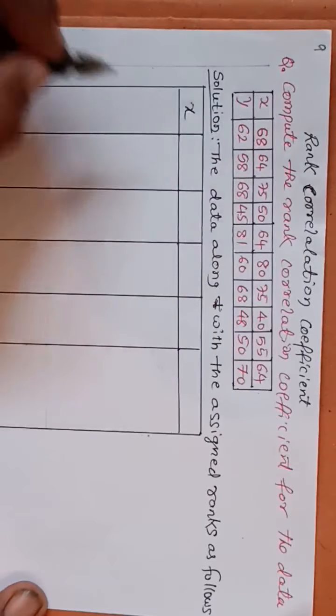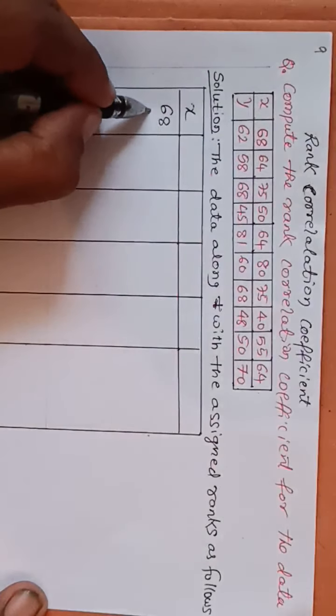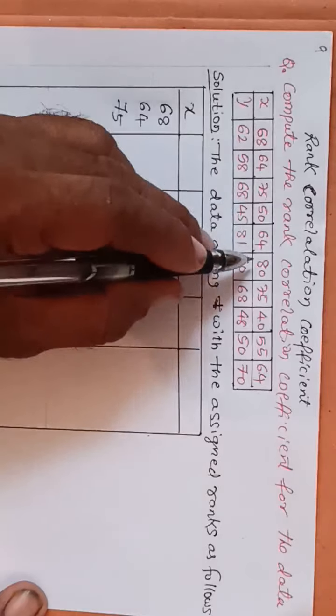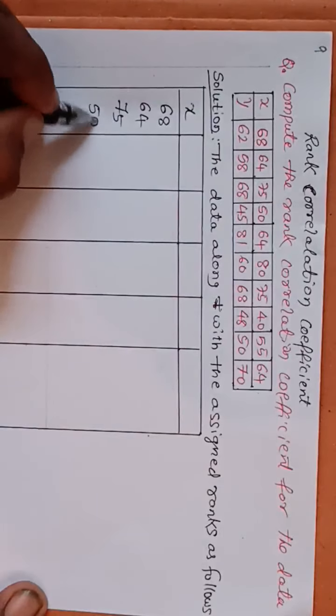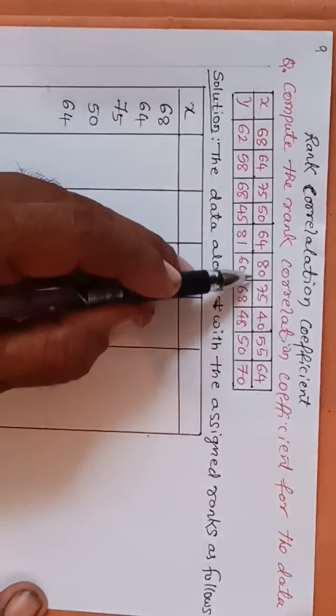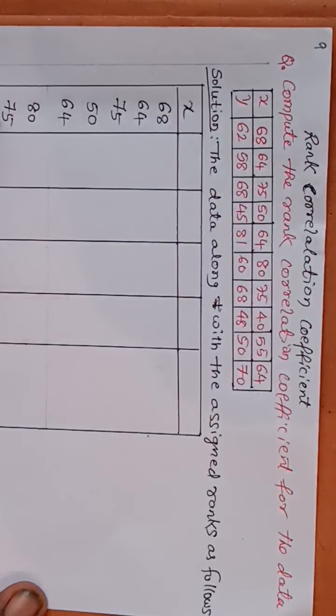First, for X: 68, 64, 75, 50, 80, 75, 40, 55, and the last one is 64. Here 75 is repeated.